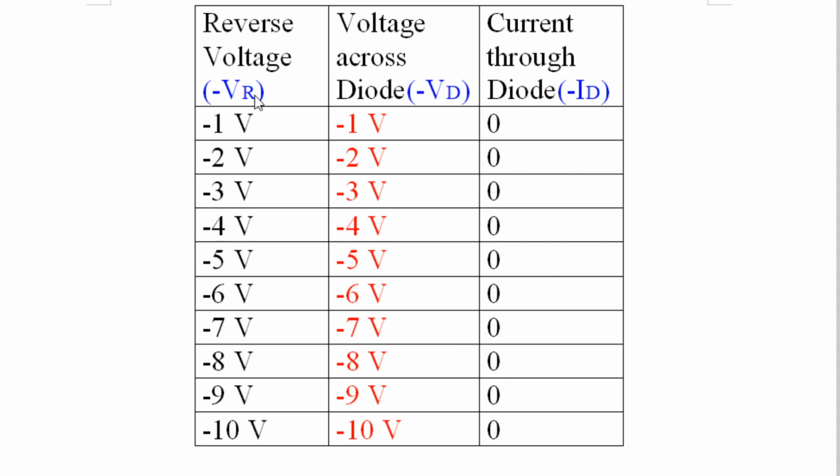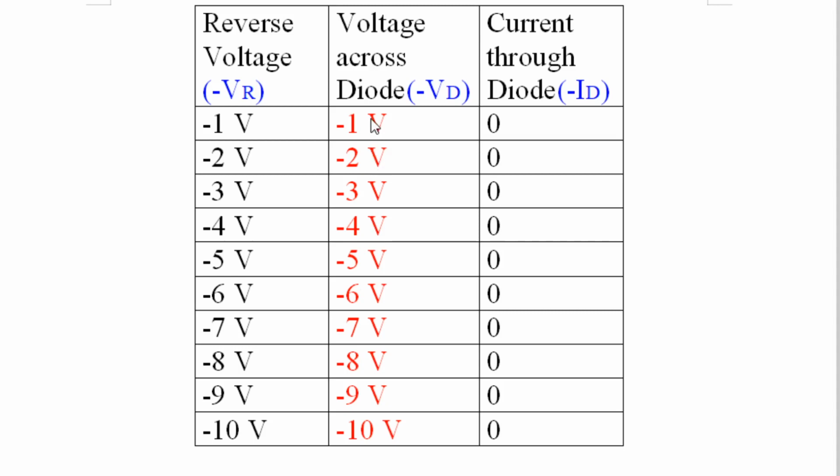Why? Because when you apply the reverse voltage minus 1 volt, minus 2 volt, minus 3 volt, and like that up to minus 10 volt, the voltage across the diode will be the same, because the diode behaves as an open switch. If the switch is open, whatever voltage you apply, the voltage measured across the switch will be the same, because it is not short circuiting the applied input voltage.